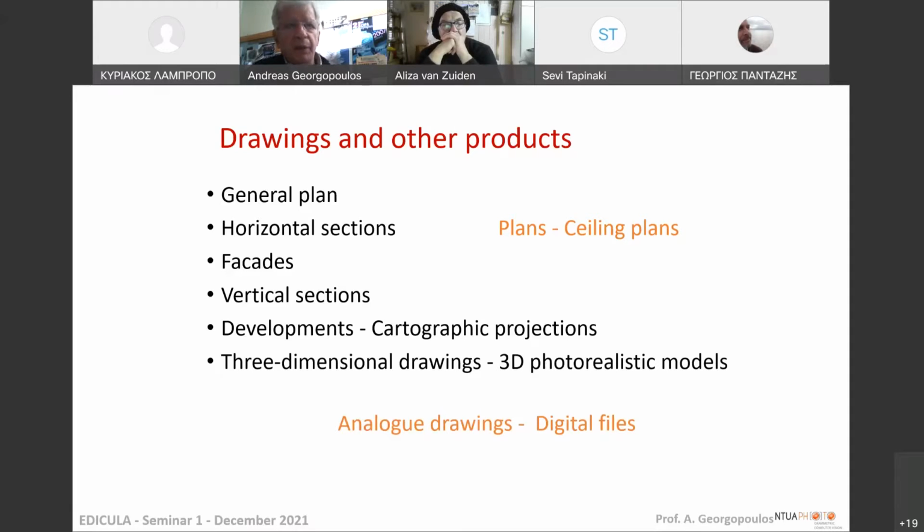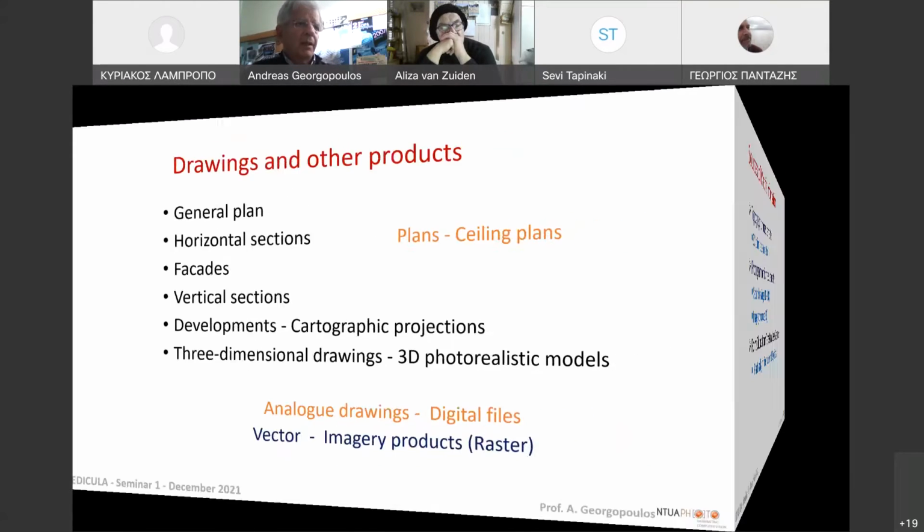When it is 3D printed. Okay, so there are answers to these questions. And of course, we have vector products, that is lines on paper, or in a CAD environment, or we have imagery products, that is images that are in orthogonal projection, and this is also a very important product.